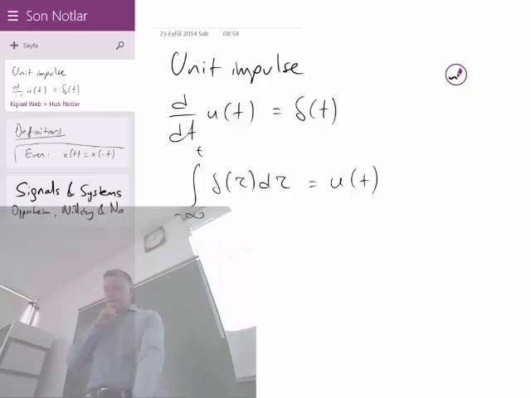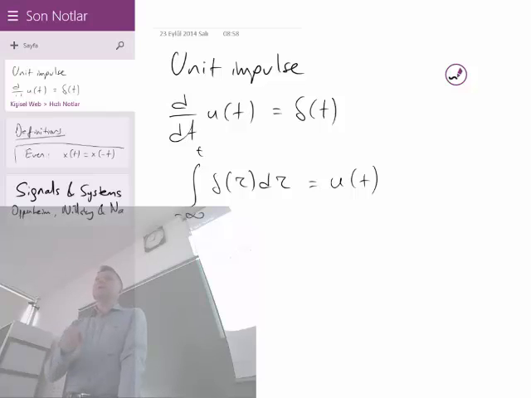One thing that I found the students a little bit careless is about this integral definition. As you see, the integration starts from minus infinity and it goes up to t. It's a time, and the time appears on the integration upper limit. It's not in the evaluation of the integral. It's not delta t dt.